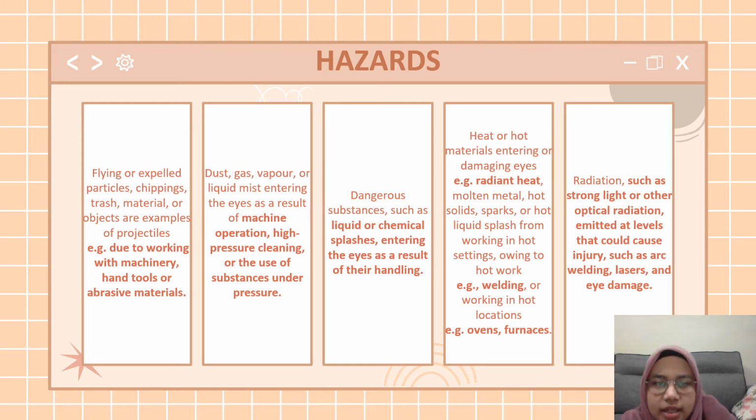The dangerous substance such as liquid or chemical splash, heat or hot material entering or damaging eyes. Example, radiant heat, welding, oven. And lastly, radiation such as strong light or other optical radiation.